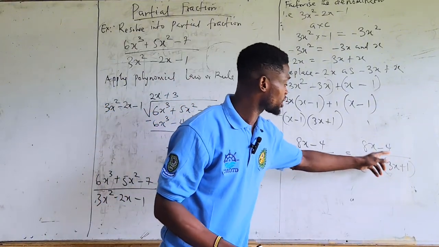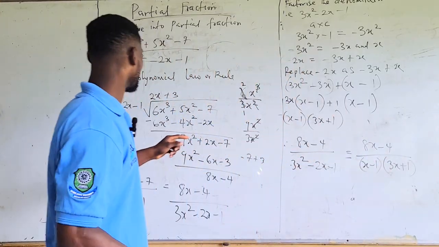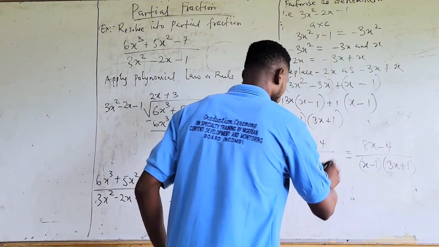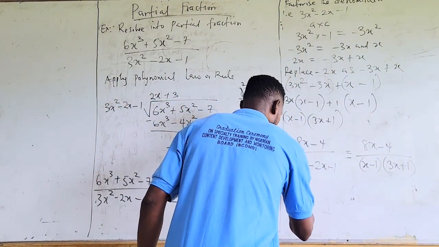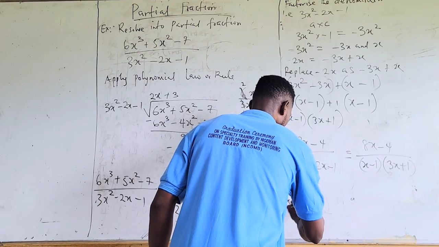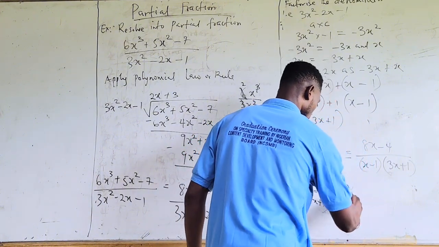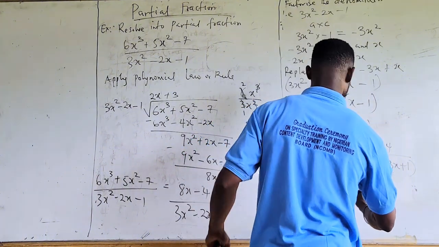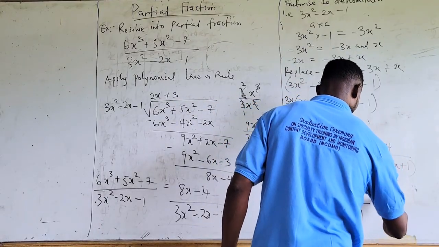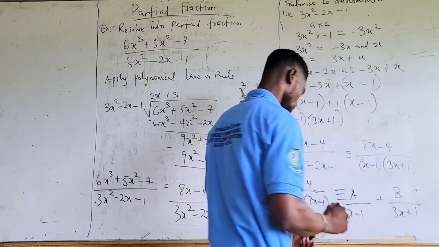So if you watch the equation, we've resolved the numerator as 8x minus 4. But don't forget, in our quotient we have 2x plus 3. Don't forget it. So if we do that for this, now we have 8x minus 4 over x minus 1 and 3x plus 1 will be equivalent to a over x minus 1 plus b over 3x plus 1.